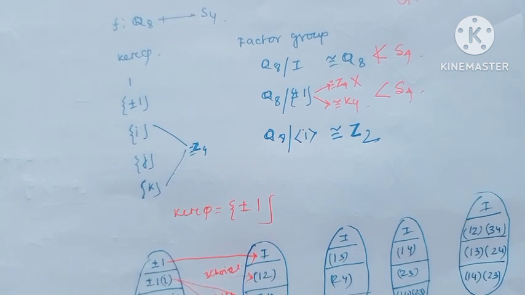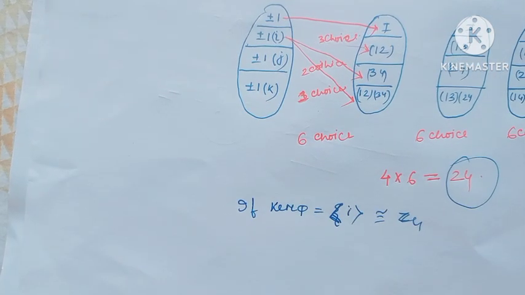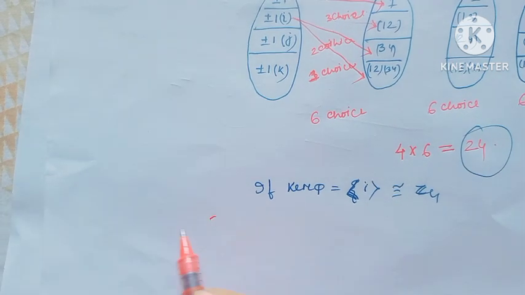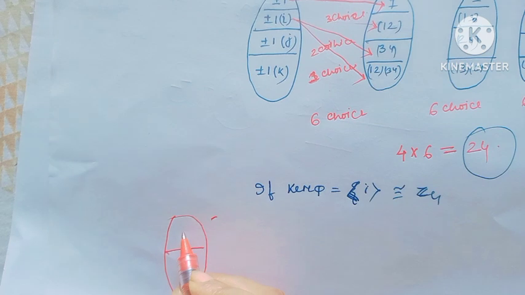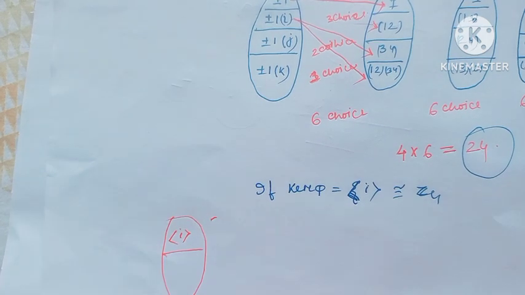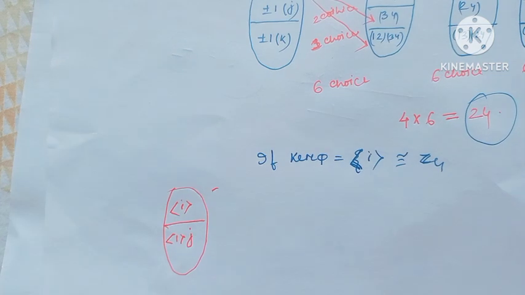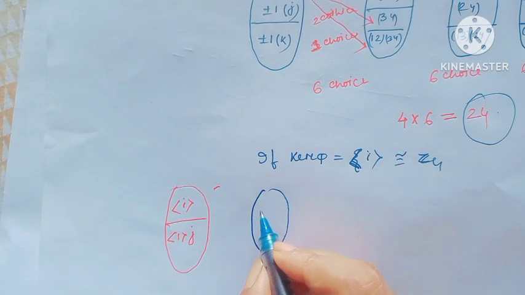Now I will see how this is possible. The kernel phi is the cyclic subgroup generated by i, isomorphic to Z4. Then the quotient group would be of this type.